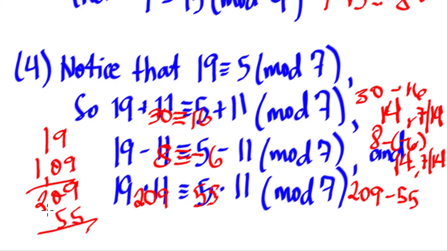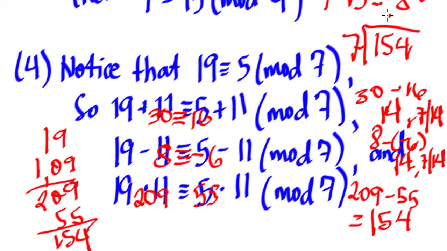That's going to give us 154. So the question is, is this divisible by 7? Let's try. 154 divided by 7 gives us 22, and the remainder is 0.